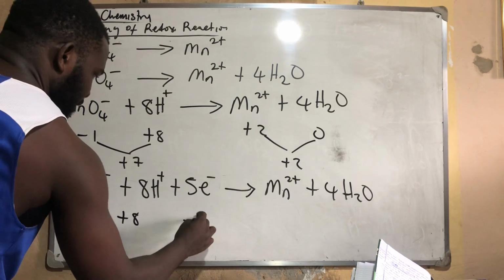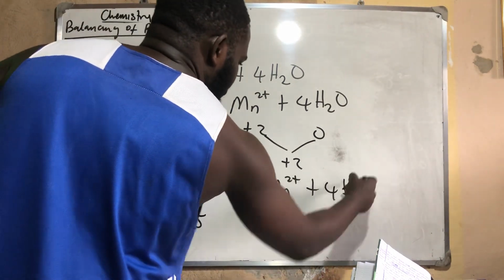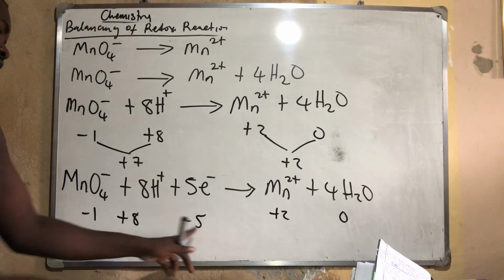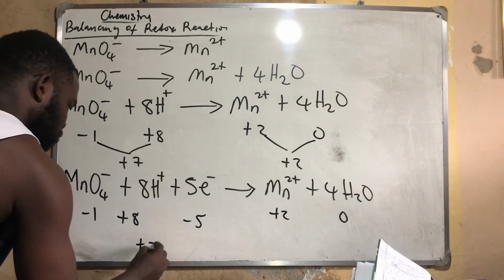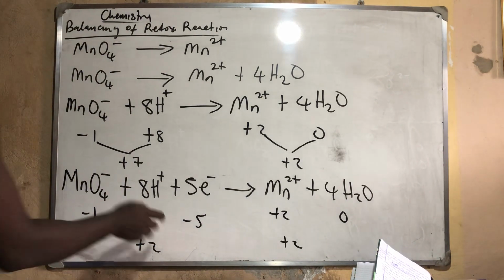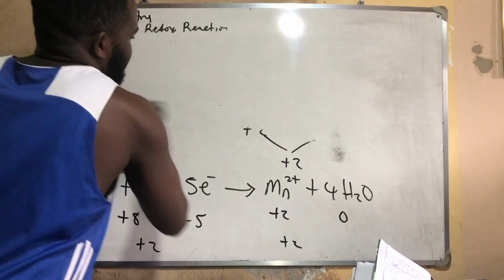This time this is minus 5. Now 1 times this is plus 2. 4 times 0 is 0. So we now see that this and this is minus 6. Minus this plus this will give you plus 2. Plus 2, plus 2. You see that it is a well balanced equation, right?